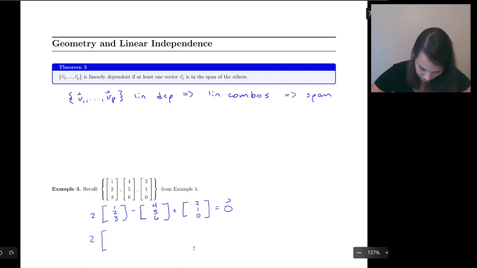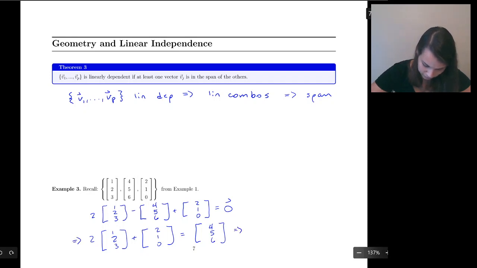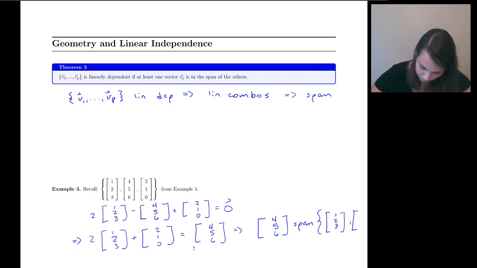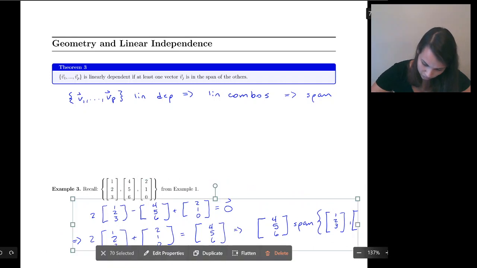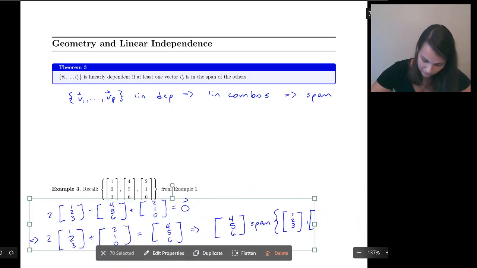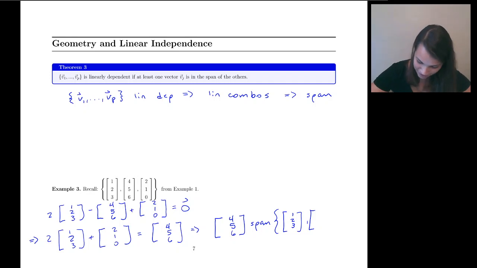So then we have this is equal to vector 2, which means that we can say 4, 5, 6 is in the span of the other two, because we found a linear combination. This is the advantage of not working on a whiteboard, is I can just move things. It's wonderful.